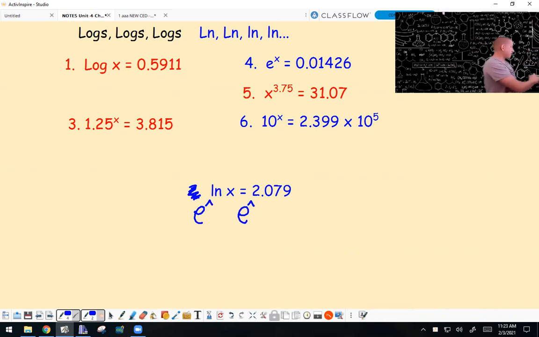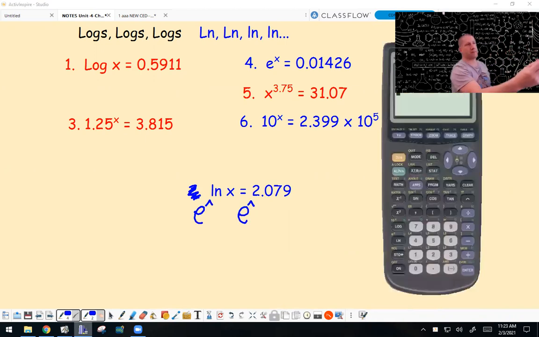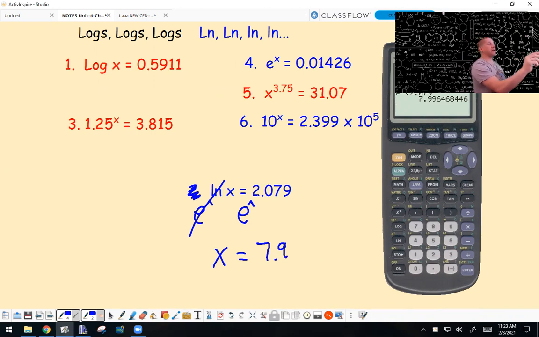So e on your calculator is usually associated with ln. And with mine, here's my ln button, and then right there above it is that e to the x. So e to the ln gets rid of the ln. And now we have e to the, I have to hit second to get to mine, 2.079. And we get 7.996, probably 8. Again, if we're looking for whole numbers, 8.